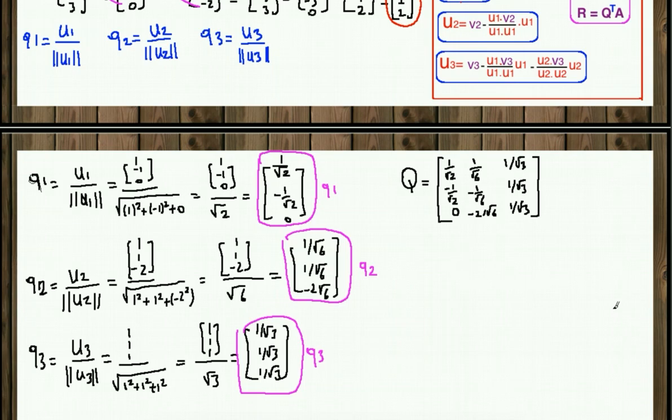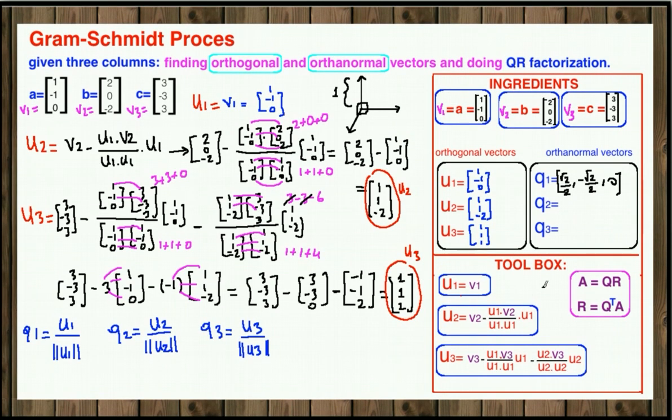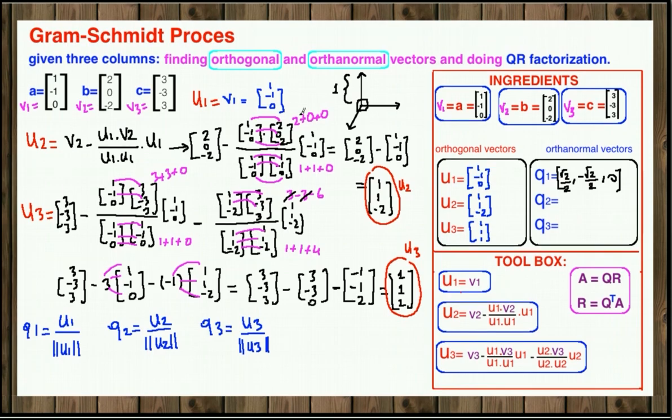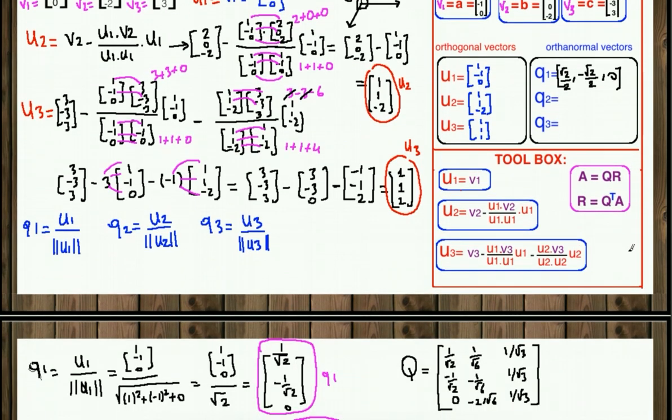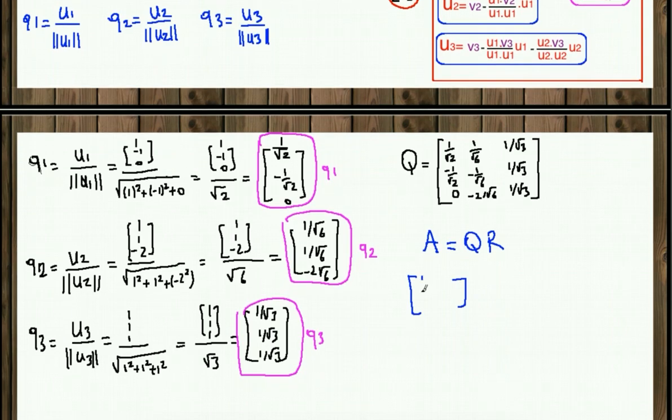And our QR factorization, A equals Q times R. A is our original matrix made up by the given three columns, which is 1, negative 1, 0, 2, 0, negative 2, 3, negative 3, and 3.